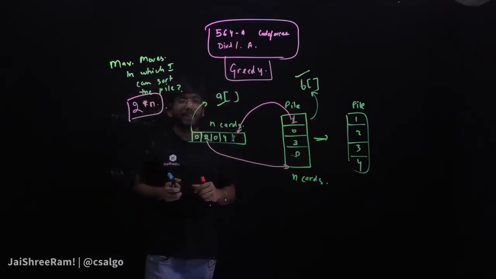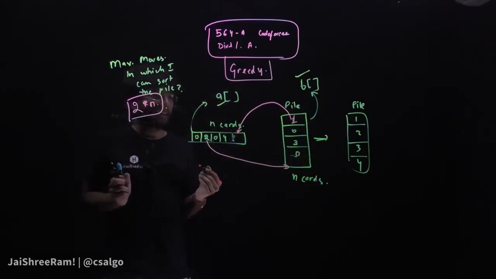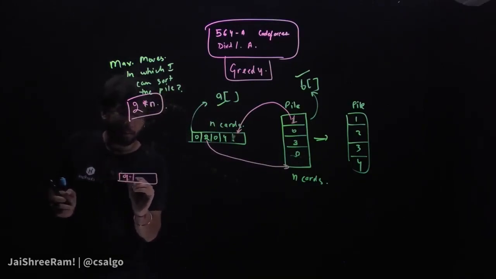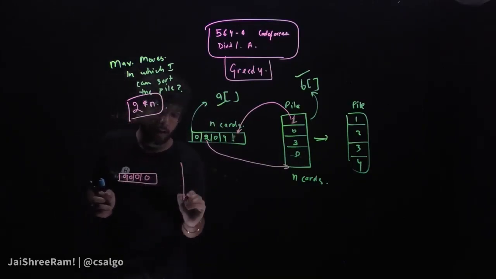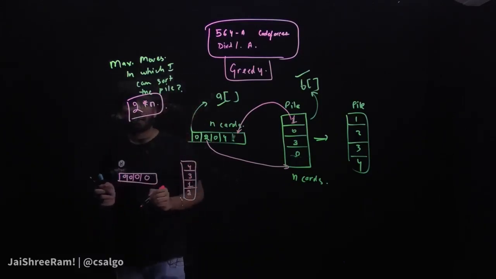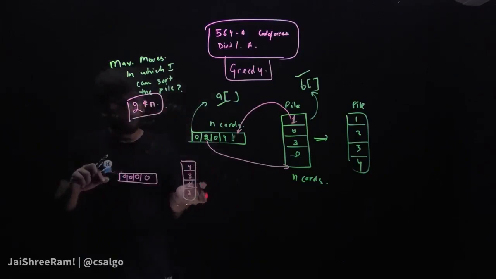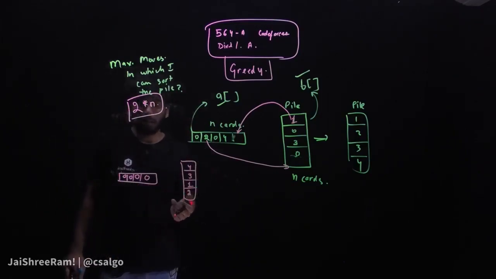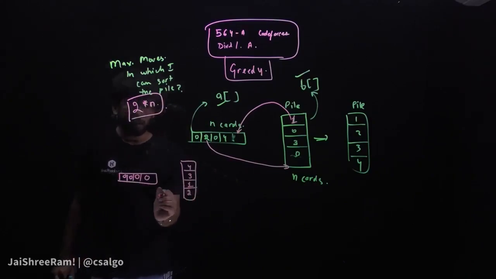Actually, let's consider a case wherein I can get the maximum answer. You can analyze how I thought of this, but it's very easy to think. 4, 3, 1, 2, let's assume anything. This may not be the optimal solution, but the maximum for this can be this only.